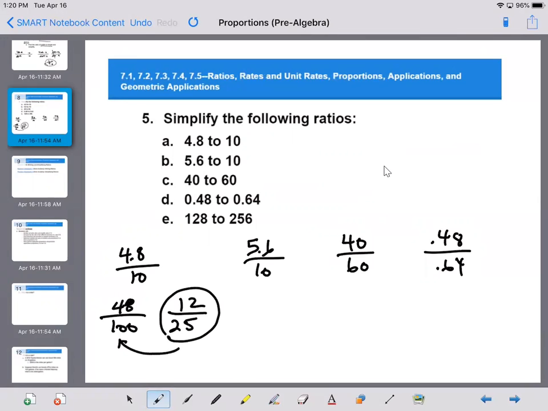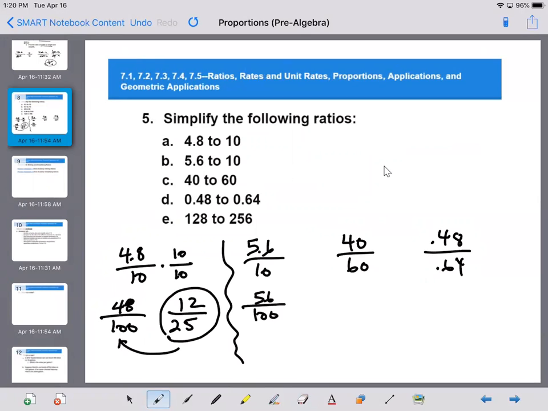It's a lot easier if you change it by making my n divided by n 10 divided by 10. So 4.8 times 10 is 48, and 10 times 10 is 100. For 5.6, let's make that 56 hundredths.